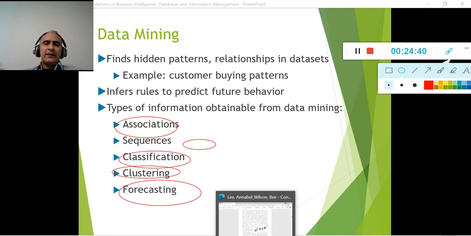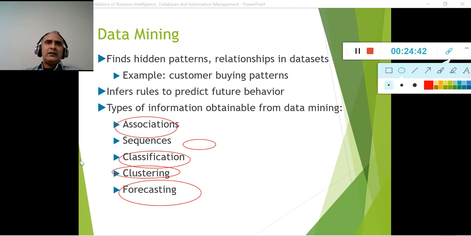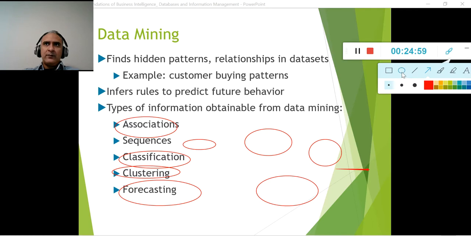So we look at how the data is connected, how it flows, how it's classified, how it's grouped into certain groups, and then where it's going to move forward. In this case, for example, we can look at the associations. We can look at the sequence.